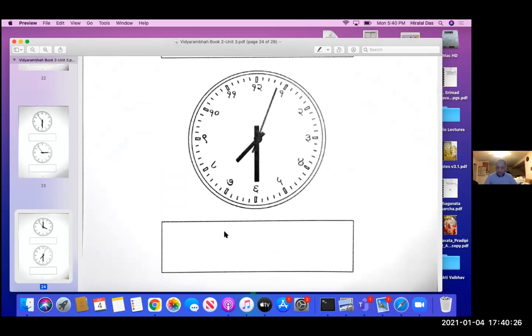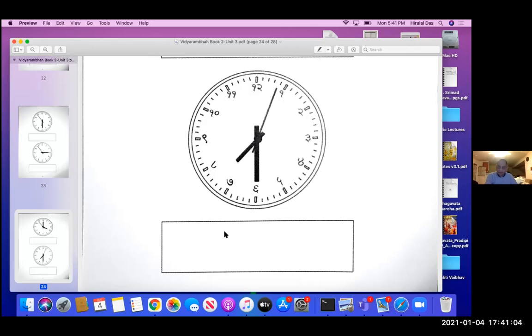Next. Govinda, wait for your turn. Yes, Prafulla, go ahead. So it is 7:30 in English. Sardha... Sapta... Sardha.